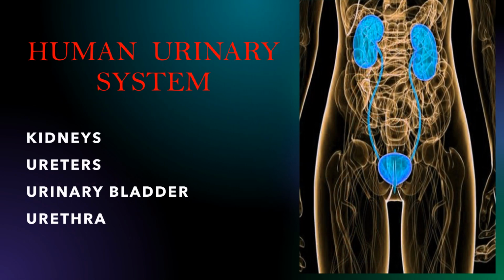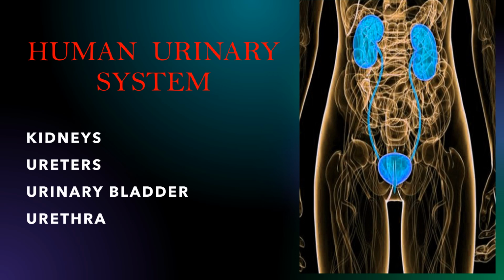Human urinary system or human excretory system: the real excretion, the process of excretion, is happening in the human urinary system. Excretion means, as all of you know, removal of nitrogenous waste. Then, what are the main organs present in the excretory system or urinary system?